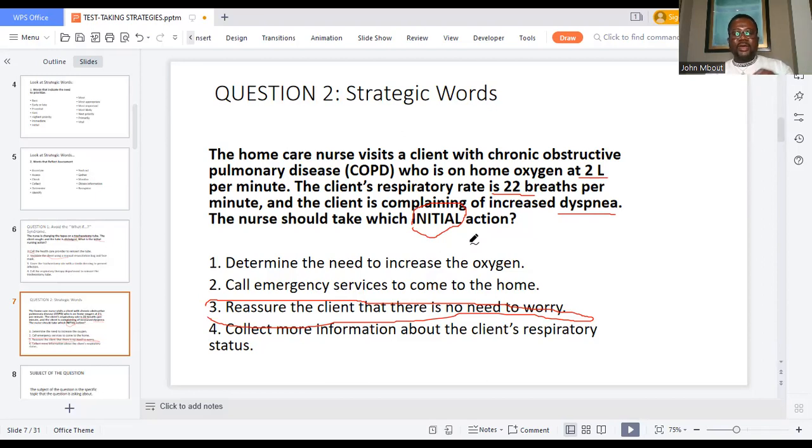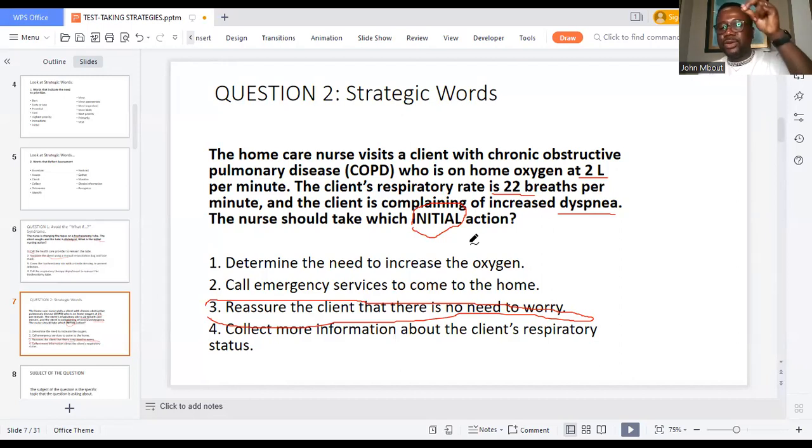There is not enough data for you to increase oxygen, and you don't increase oxygen as the nurse without the primary healthcare provider's order. Don't do that.